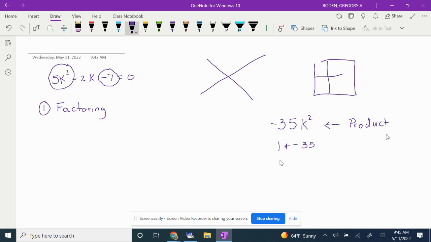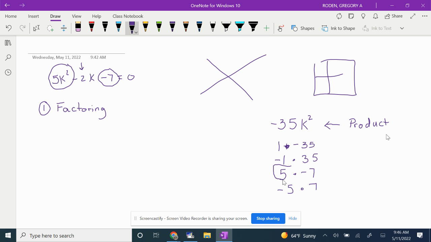You could also have negative 1 times positive 35. You could also have a positive 5 times a negative 7, or a negative 5 times a positive 7. So remember, we're getting these factors to try to add up to this middle B coefficient here. So which one, guys, is going to add up to negative 2k?